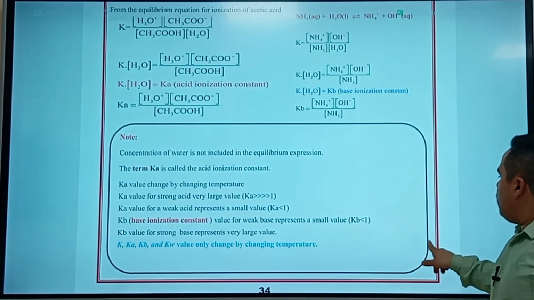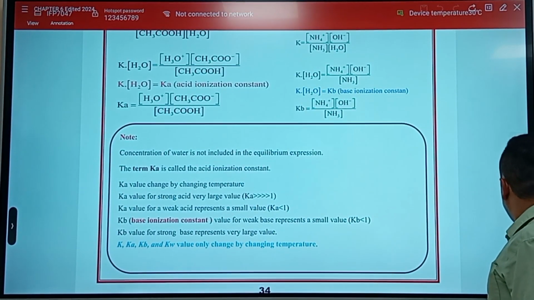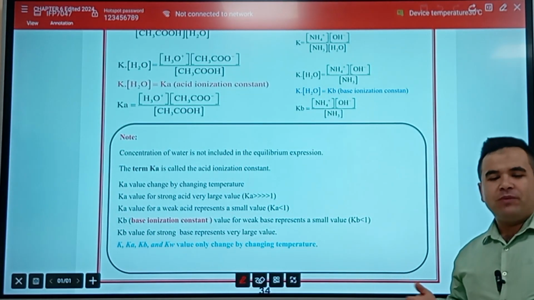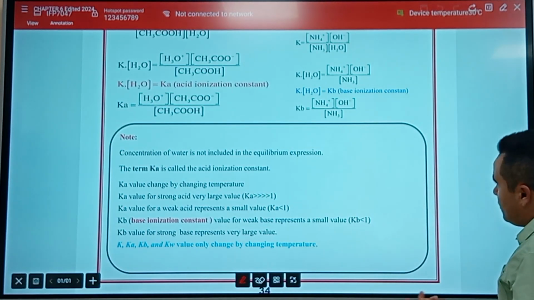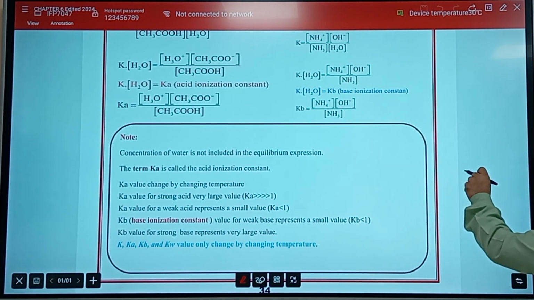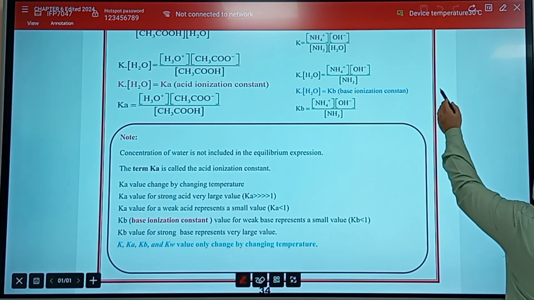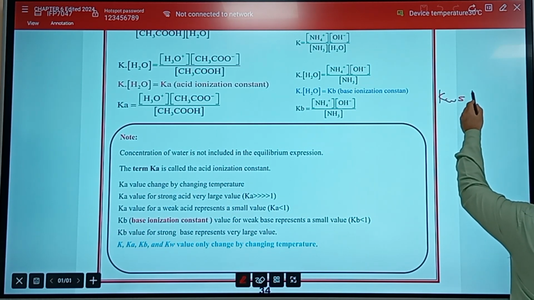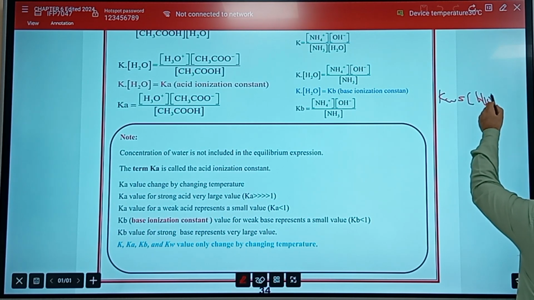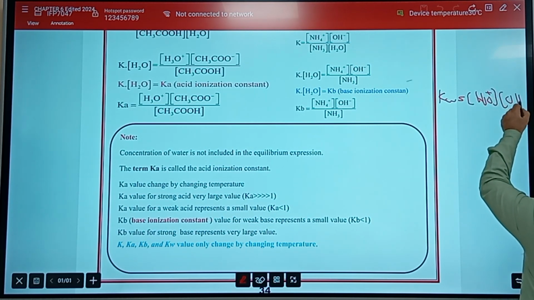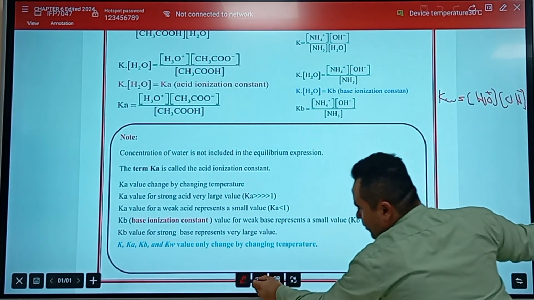Okay guys, I will be showing you another relation between Kw and K. We can take a relation like that. Guys, if you remember, Kw is equal to the concentration of hydronium multiplied by the concentration of hydroxide.